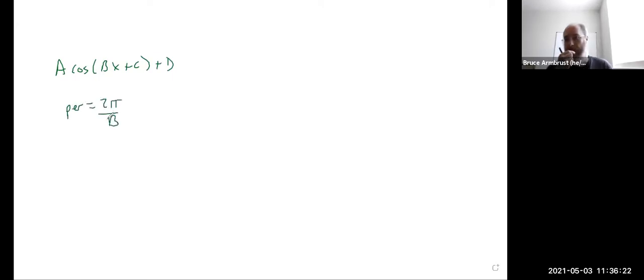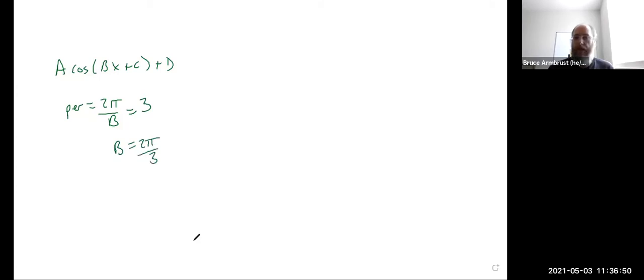It was 2 pi over b. Now I know we're dealing with secant and not cosine, but they end up having the same periods. So we need this period to equal 3. That's how long it takes for our graph to repeat. So I just need to solve this for b.